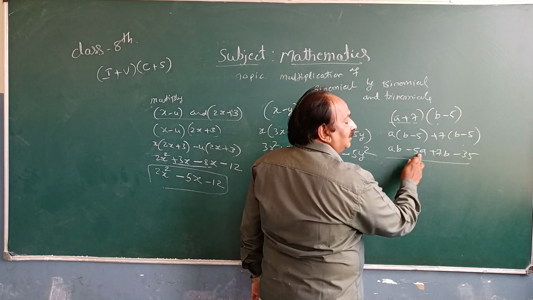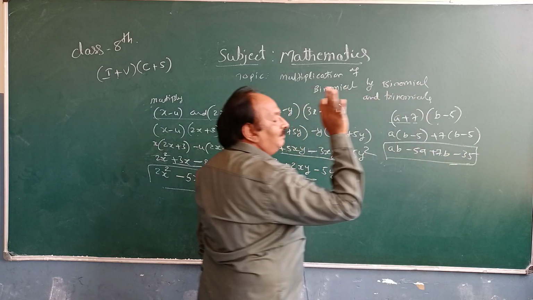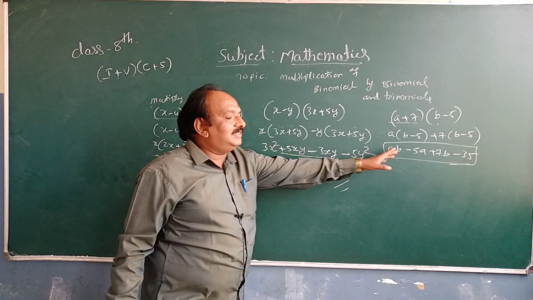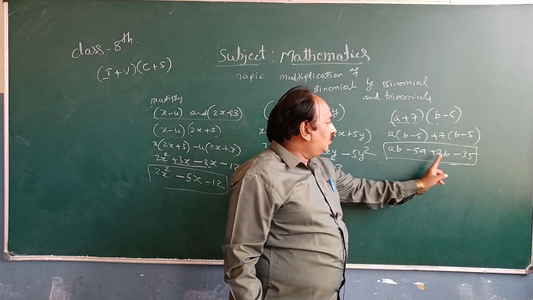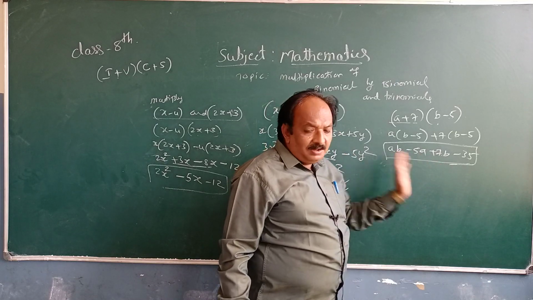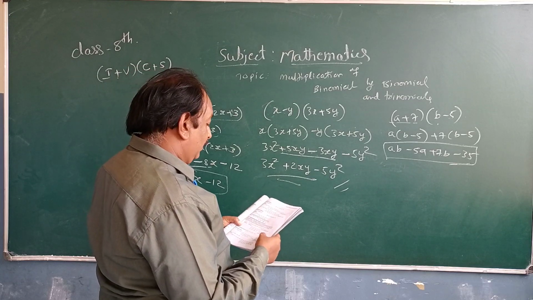This is b, this is a, these two are unlike terms. The product itself is the answer, because these are all unlike terms, cannot be added or subtracted.